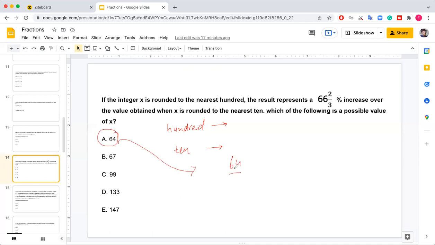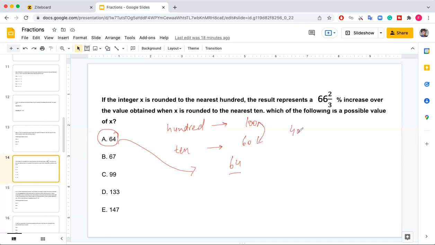What if 64 is rounded to the nearest 100? 100. And when it is rounded to the nearest 10, what is the answer? 60. So what exactly does the question say? If x is rounded to the nearest 100, the result represents this percent increase over the value obtained when x is rounded to the nearest 10. So what is the increase in this?